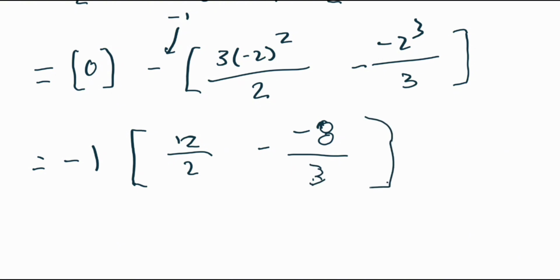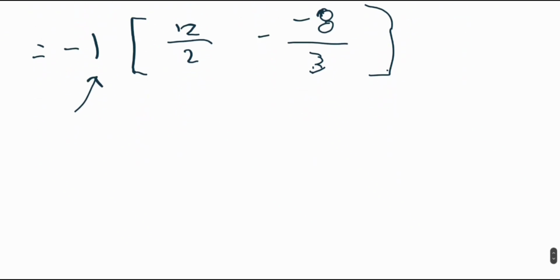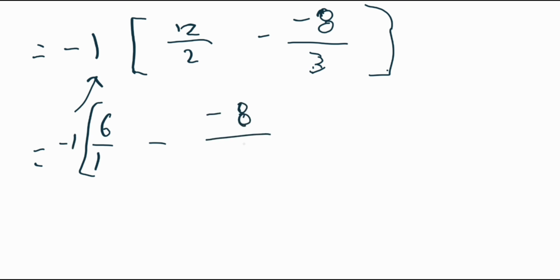So we need to work out the brackets first before timesing it by -1, sorry. So this is 6 over 1 minus -8 over 3.